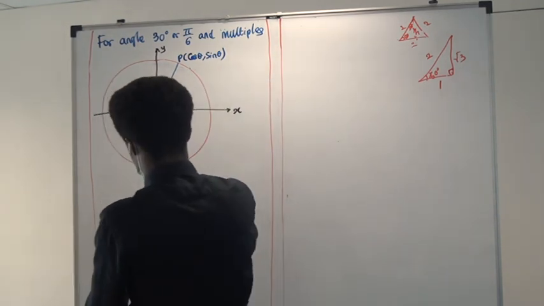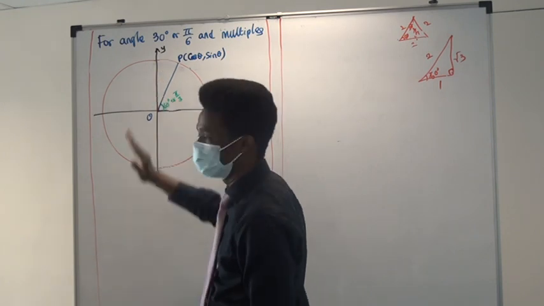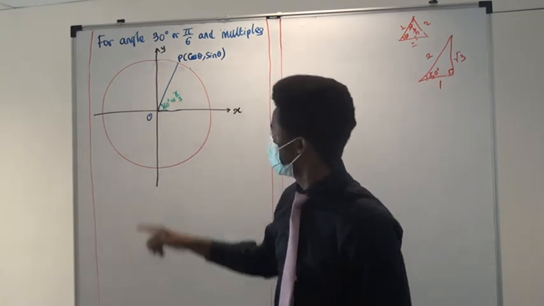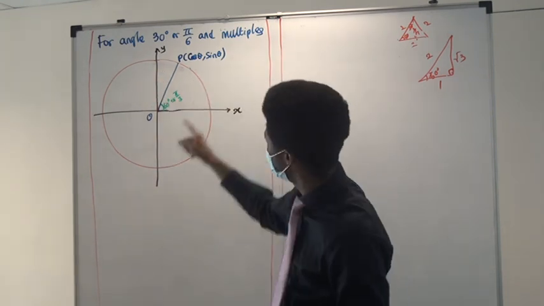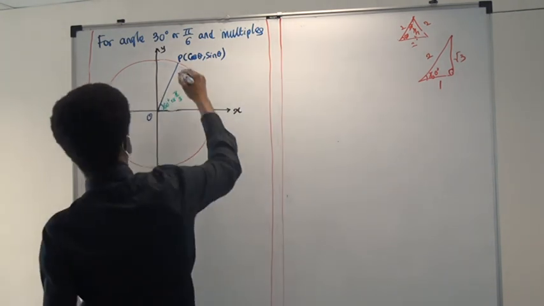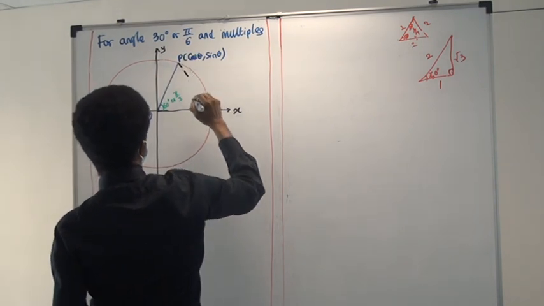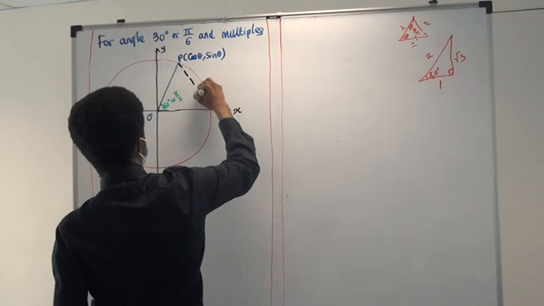Now, the idea is similar here. Suppose our OP moved through an angle of 60 degrees. So OP is here already. So that's going to be cos 60 and sin 60 in the coordinate. We can actually join this point to here.